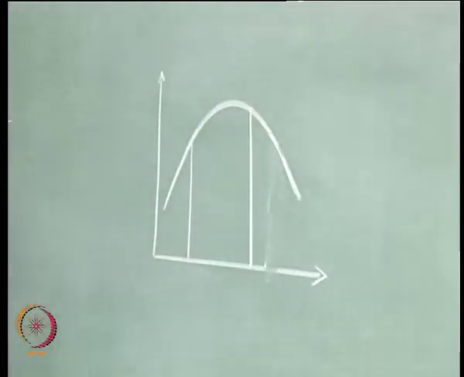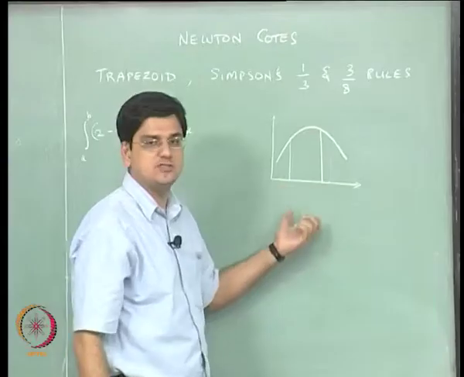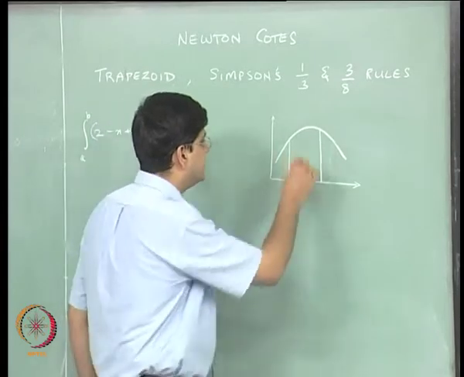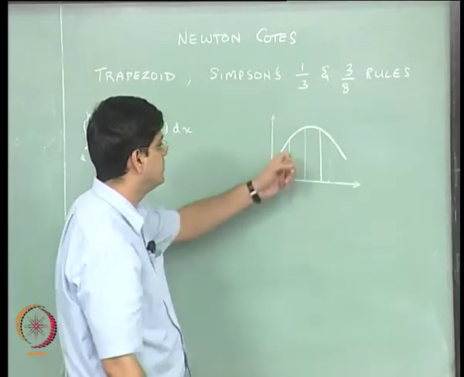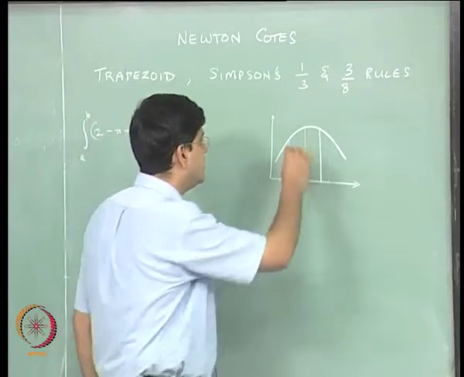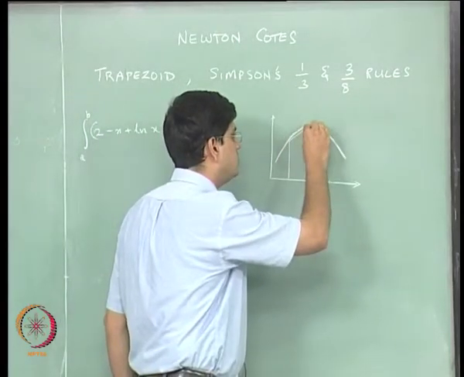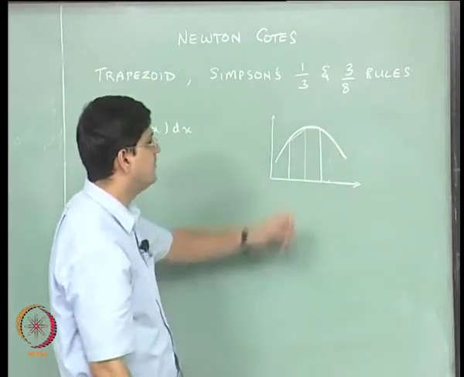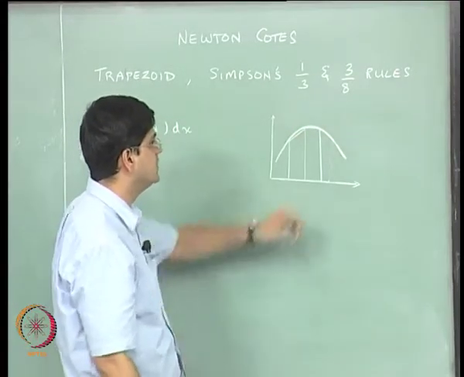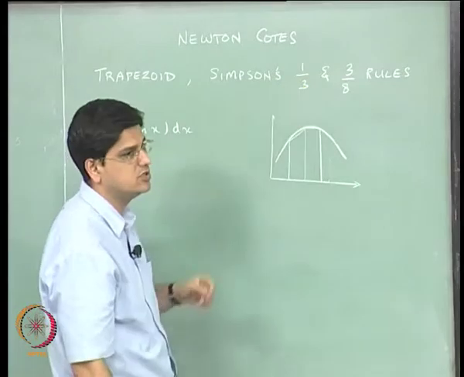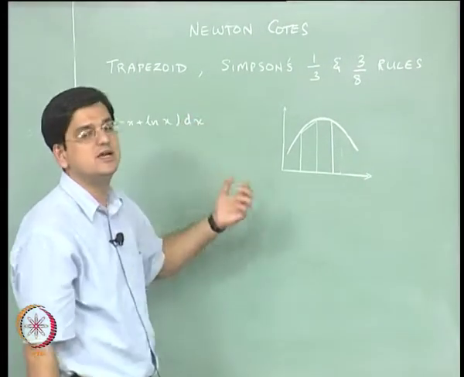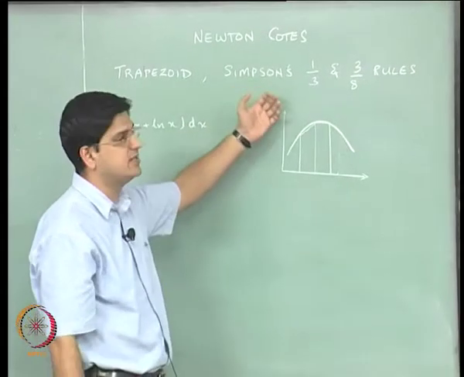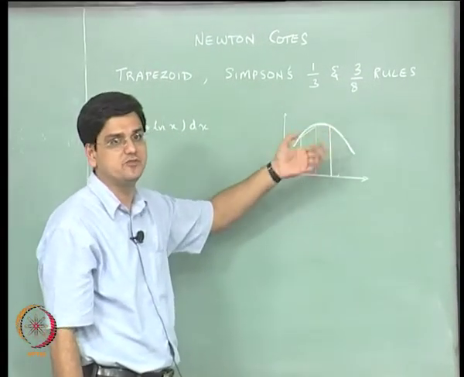What we did was first apply the trapezoidal rule directly to this integral, then we broke that interval into two intervals, and then we applied the trapezoidal rule, and then we compared the results of the trapezoidal rule with the application of Simpson's 1/3 rule, and we saw that two applications of trapezoidal rule gives less accurate results than one application of Simpson's 1/3 rule.